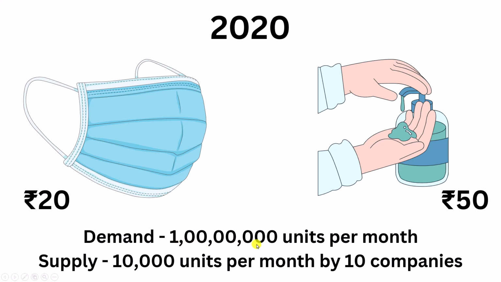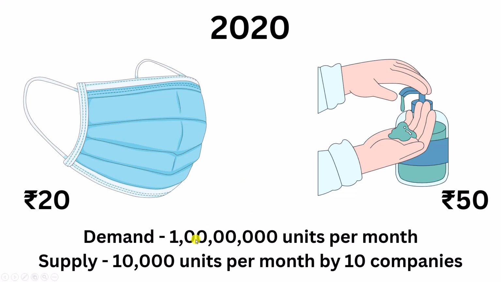The demand increased to this value, but the supply was still these many units. The companies that manufactured face masks and sanitizers did not anticipate the COVID outbreak and did not imagine that the demand will increase to this. Okay?